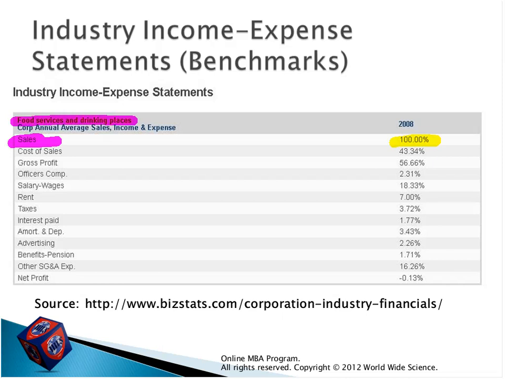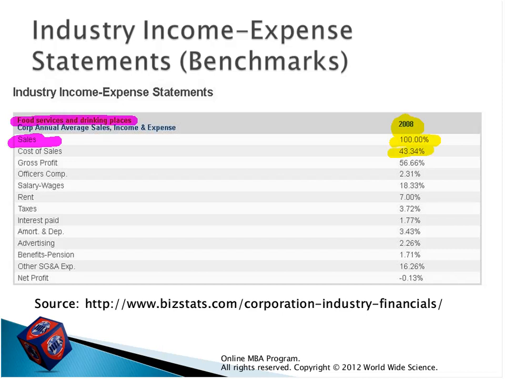Cost of goods sold takes around 43% of all the sales. This is for all kinds of food service and drinking places, and it was given by International in 2008. But now it is 2013, so the results can change, right? This is old information I'm giving you because I haven't found newer ones.